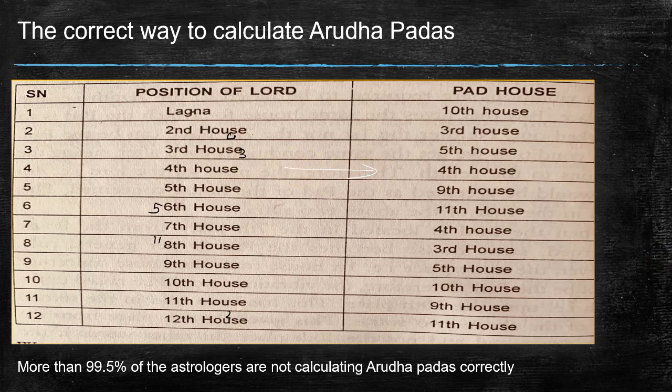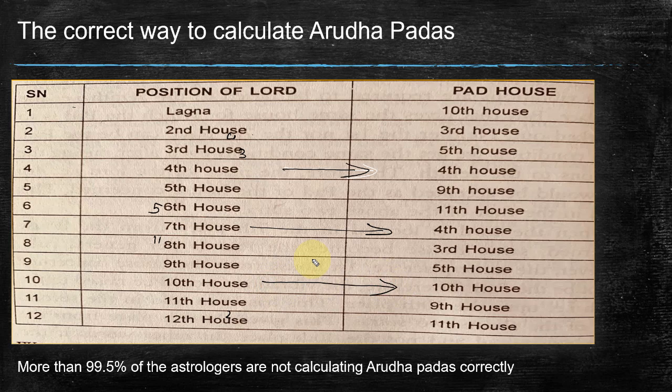If the position of the Lord of the house is in the 7th house, then the 4th house from the original house becomes the Arudha Pada. Similarly, if the position of the Lord of the house is in the 10th house from that house, then that same 10th house itself becomes the Arudha Pada.